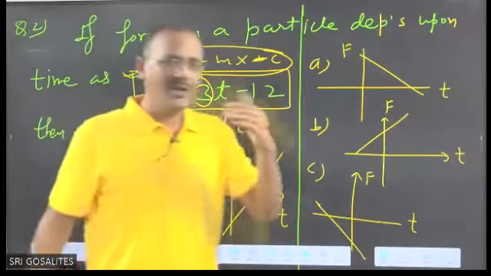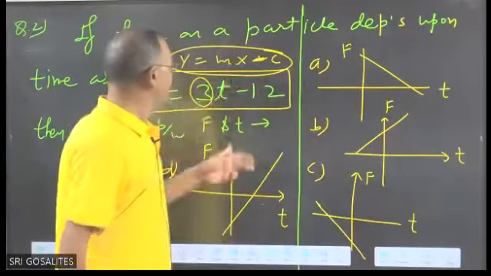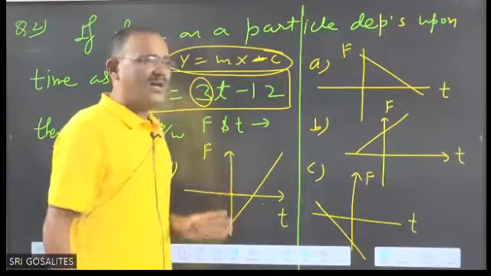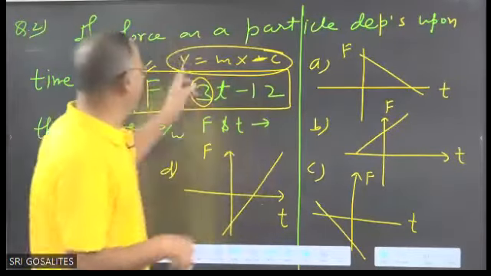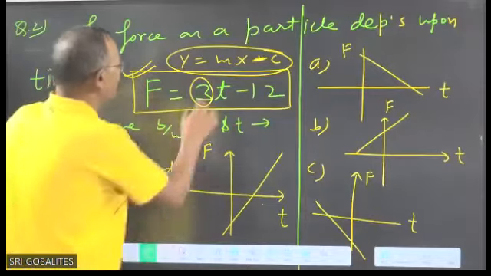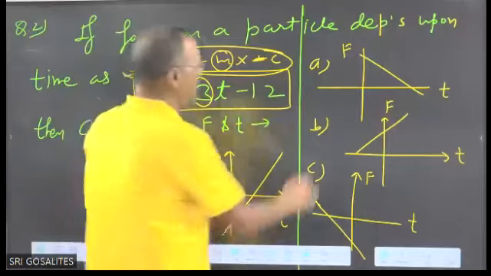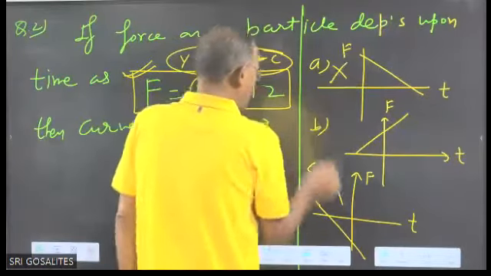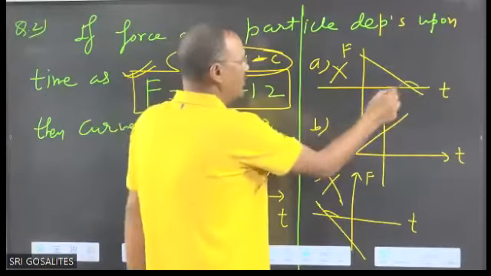This is y equals mx minus c because c is minus. Slope is m. X की जगह पर t है, and f is on the y. So now we can see m is 3. Slope is positive, so we reject the negative slopes first. They cannot be right because those angles are obtuse.